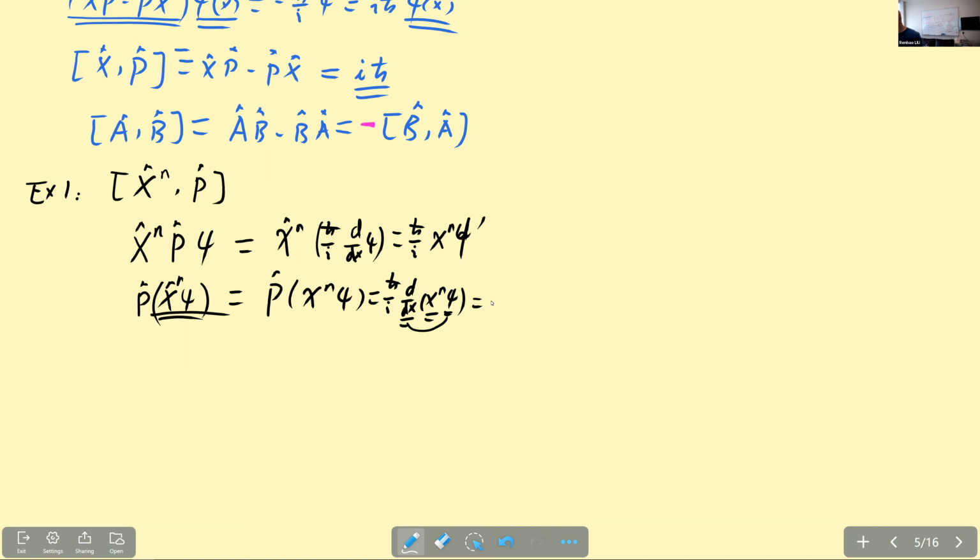That will give you one extra term, h bar over i, with a factor of n, and x to the n minus 1 power and psi. So this is the extra term. And then you have the term that equals the original one, if we do the differential on psi. And then of course you do the difference, so this one minus this one. This term will cancel, so you get just the extra term.